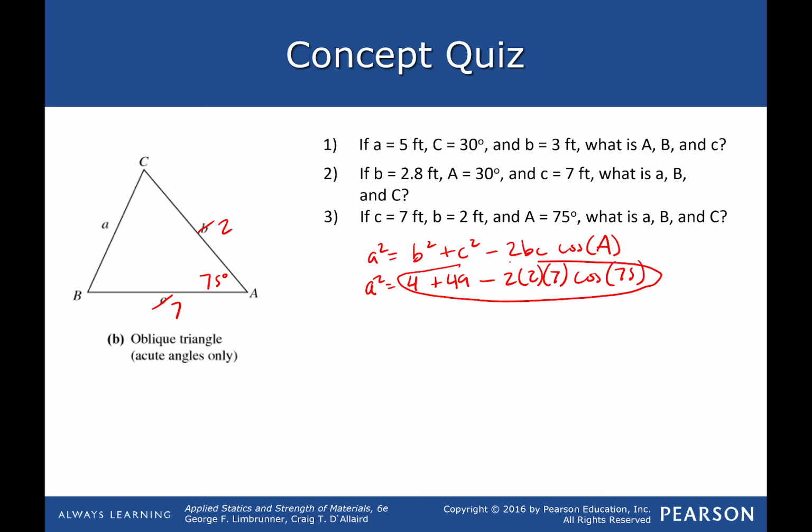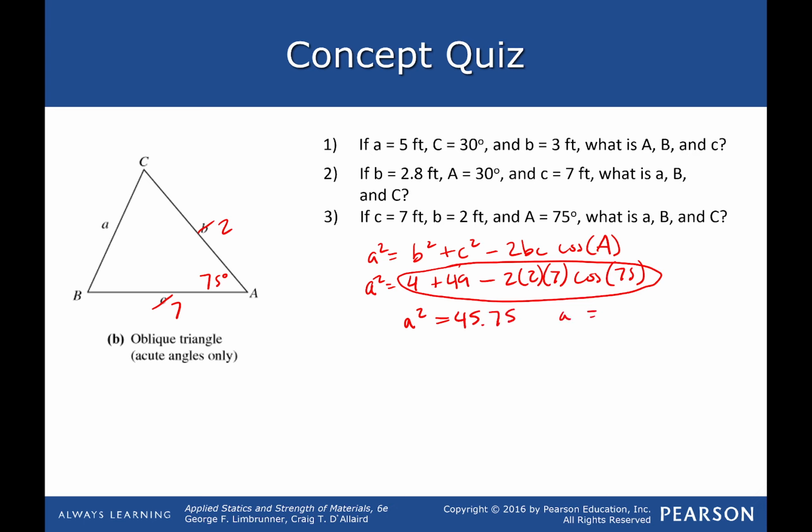I'm going to plug all this into my calculator and get what I get. So 4 plus 49 minus 2 times 2 times 7 times cosine 75, and I get that A squared is equal to 45.75.